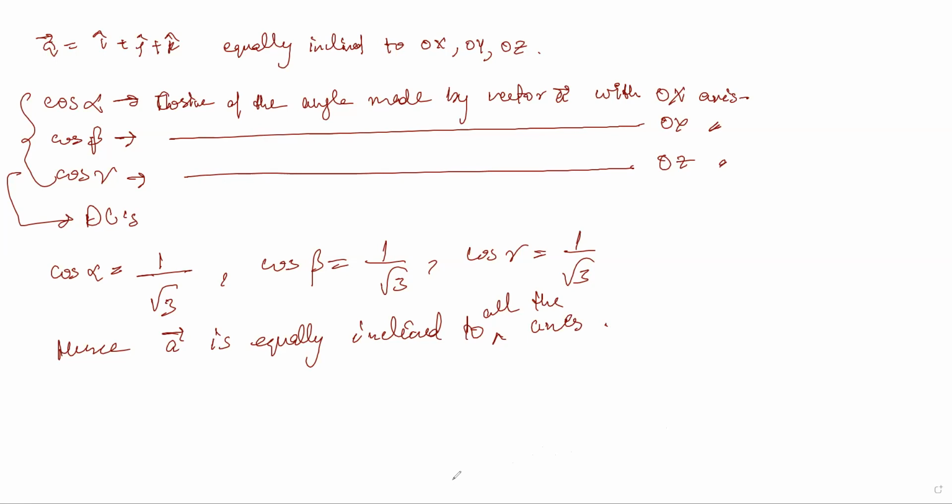Can you guys solve question number 17? Show that the points A, B, and C with position vectors OA, which is named as A vector, equals 3i minus 4j minus 4k, B vector, which is basically OB vector, 2i minus j plus k, and C vector, which is OC vector, i minus 3j minus 5k, respectively, form the vertices of a right angled triangle.